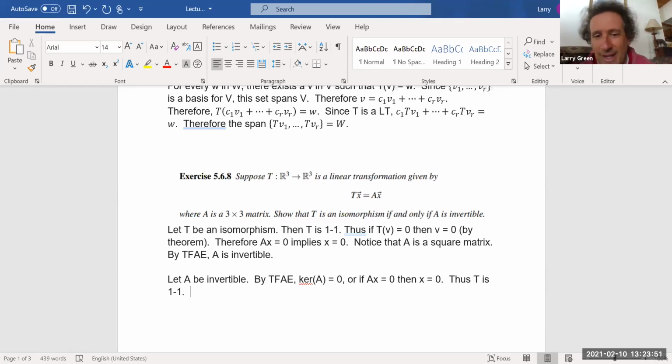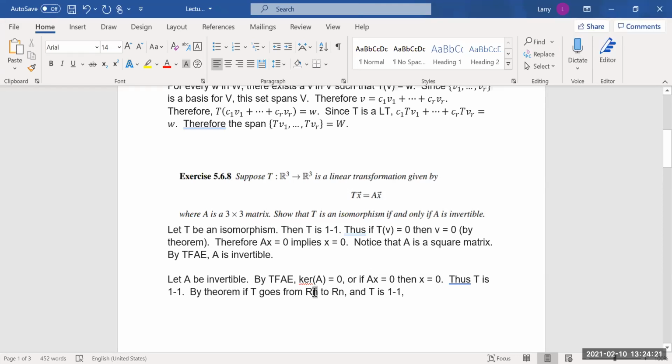Any questions on that? But we had a theorem that said that if you're going from Rn to Rn, so by theorem, if T goes from Rn to Rn, and T is 1-to-1, what can we say?